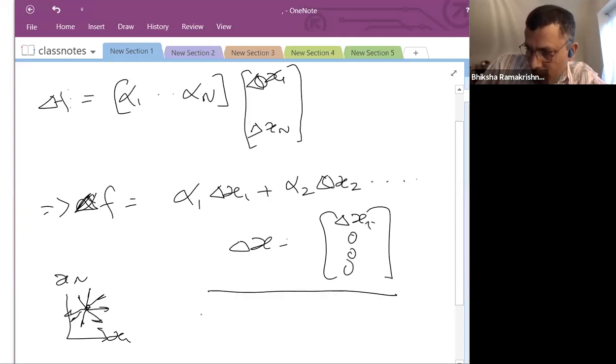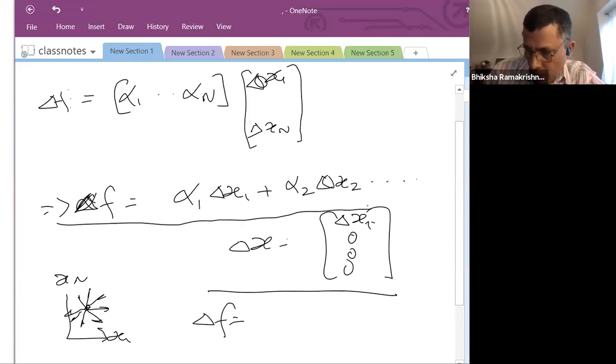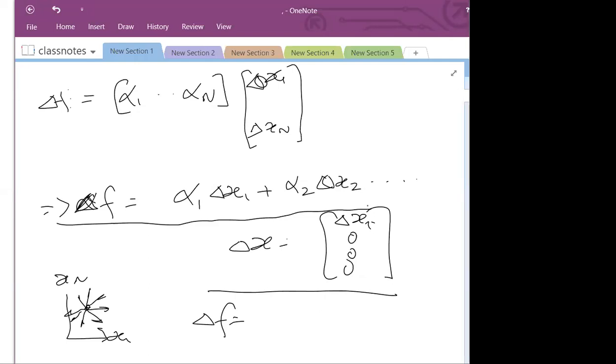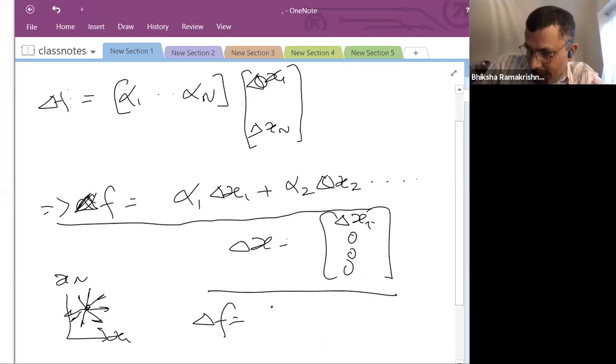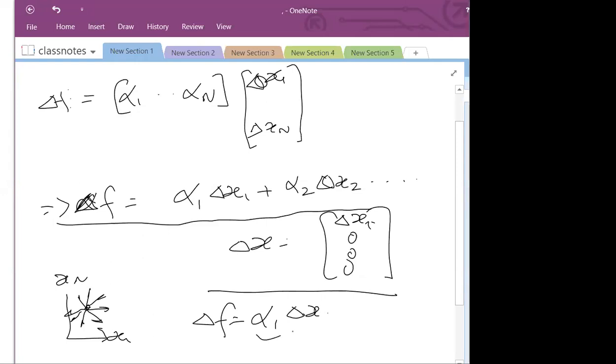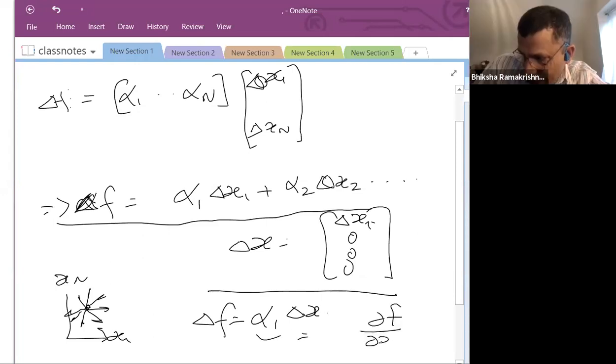In this case, what is delta f going to be, given this formula? What would that be? Anyone? Alpha 1 times delta x1. And so alpha 1 is the partial derivative of f with respect to x1.